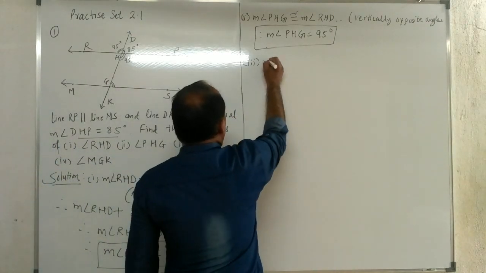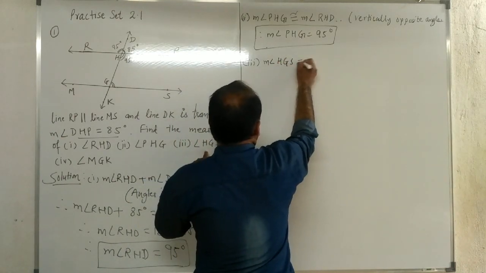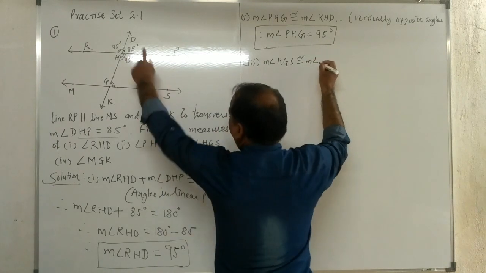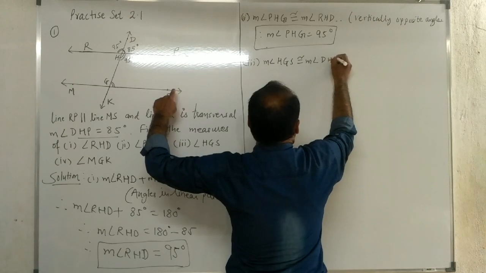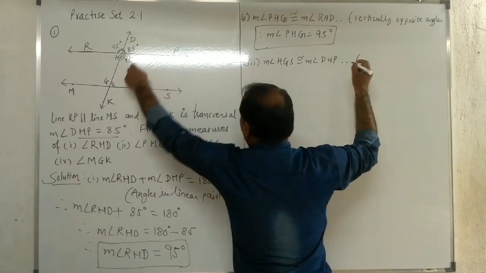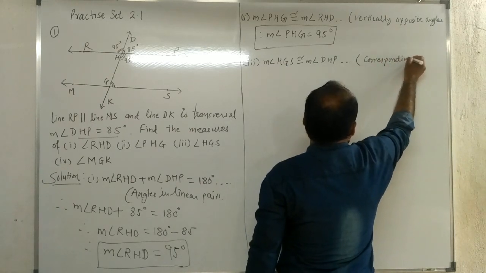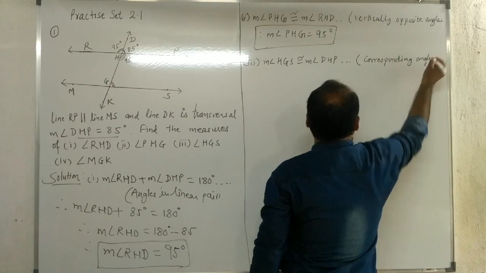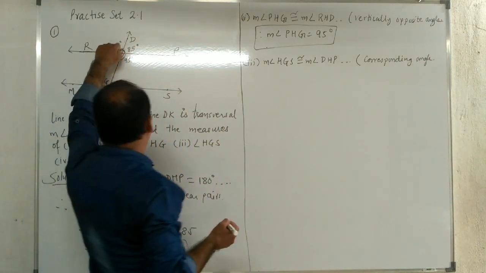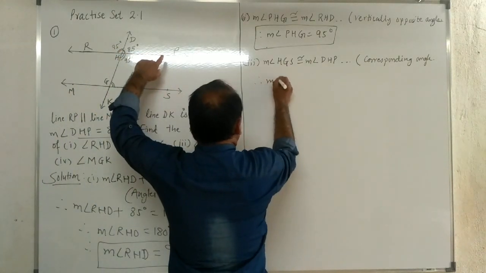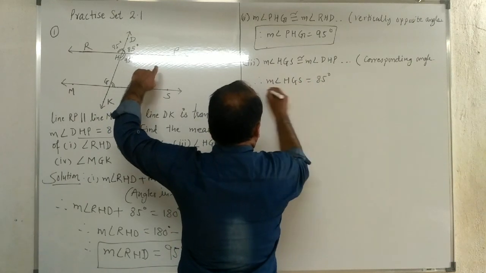Therefore, measure angle HGS is congruent to measure angle DHP. By the corresponding angle theorem, when two lines are parallel, corresponding angles are congruent. So DHP is 85, therefore measure angle HGS is also 85 degrees.